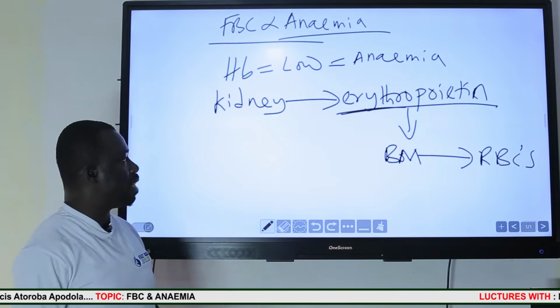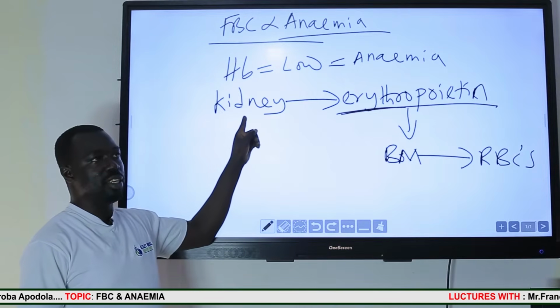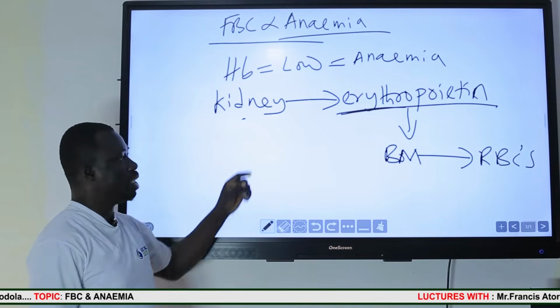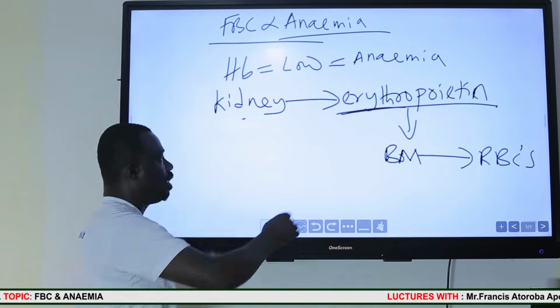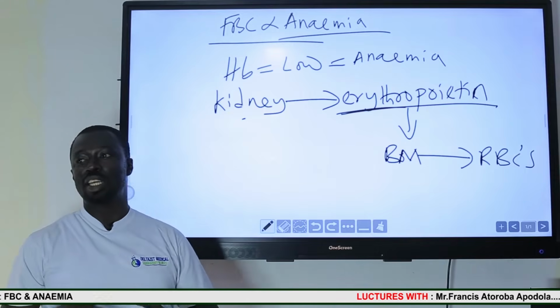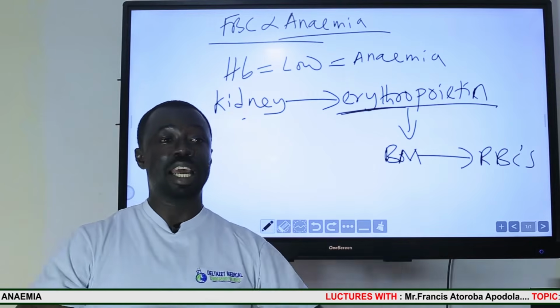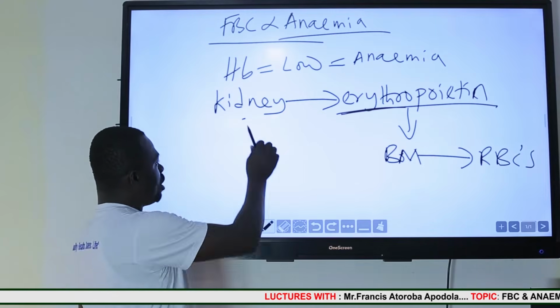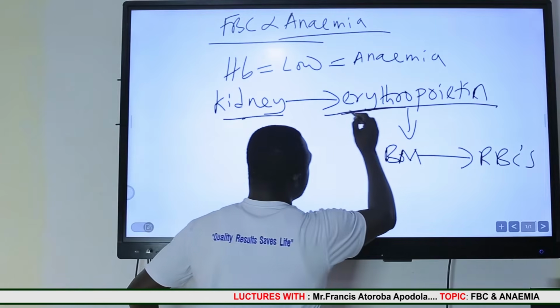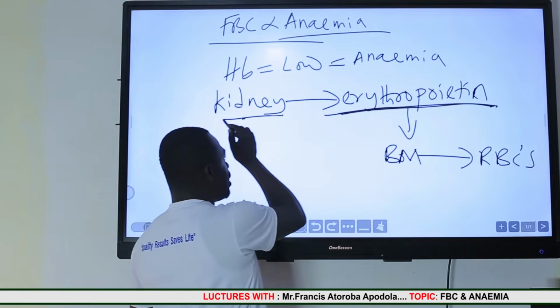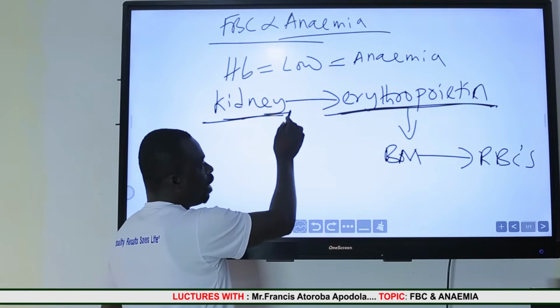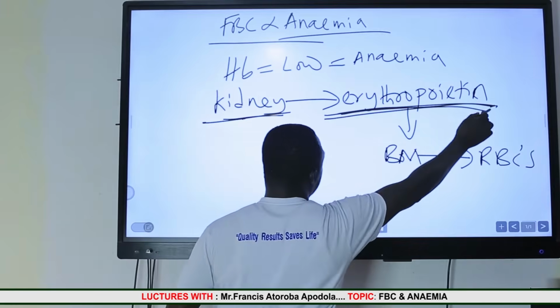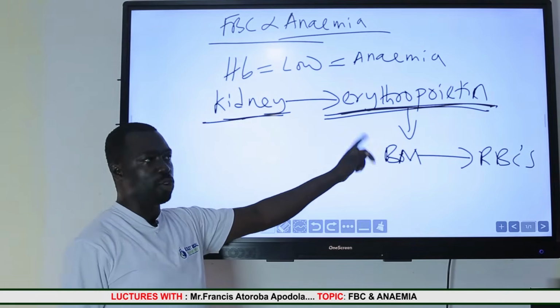This implies that when the kidney fails, that is, when there is a kidney failure, the kidney has failed in every aspect of its function. And if one of the functions of the kidney is to produce erythropoietin, and we are saying that this is a kidney failure, then it will equally fail in producing the erythropoietin.